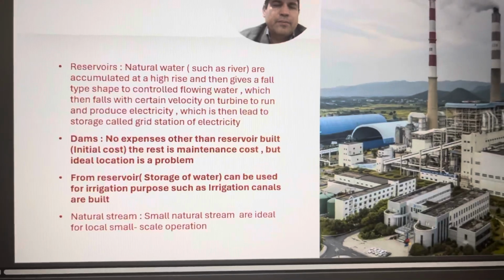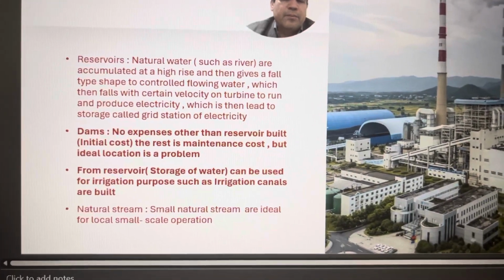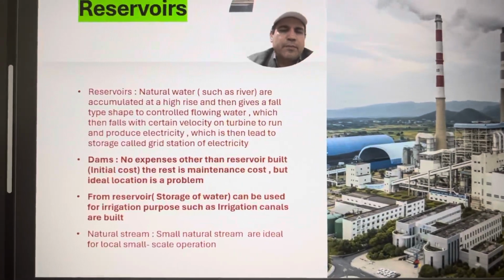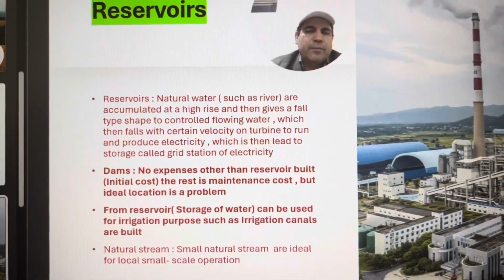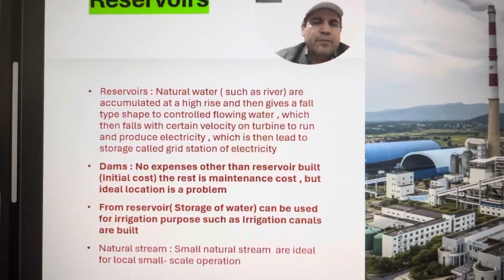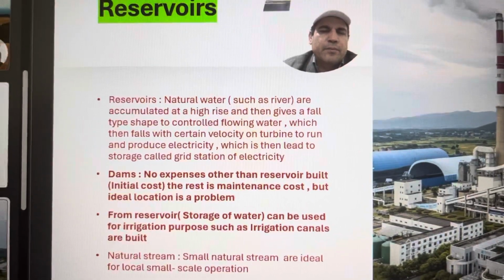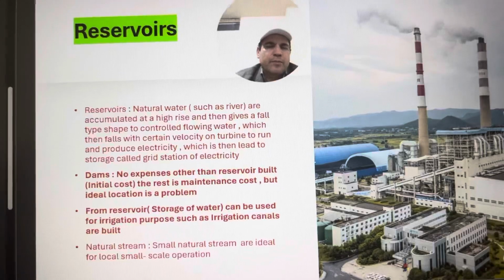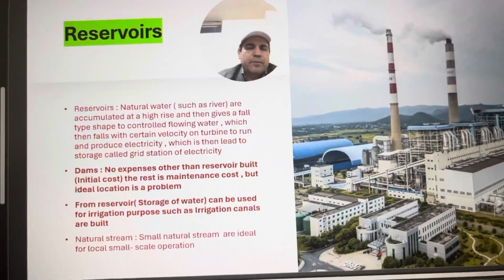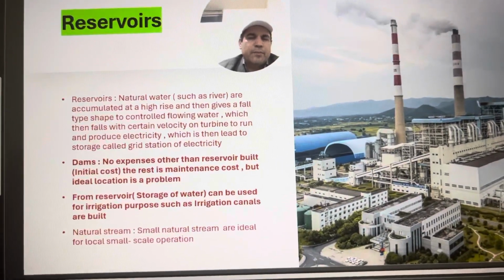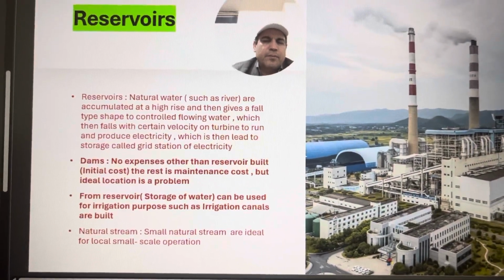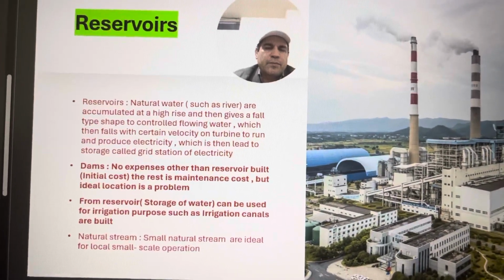Of course, there is the initial capital investment in the construction of dams, but later on it's only the water and the maintenance cost. So it's a pretty good source of energy, but it's not available everywhere. In every country there are some possible locations where there are rivers and streams, but not everywhere.